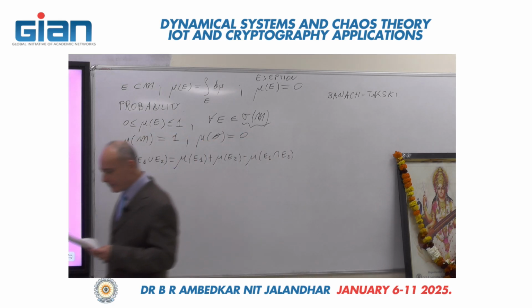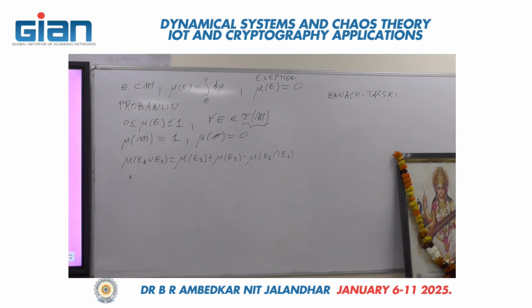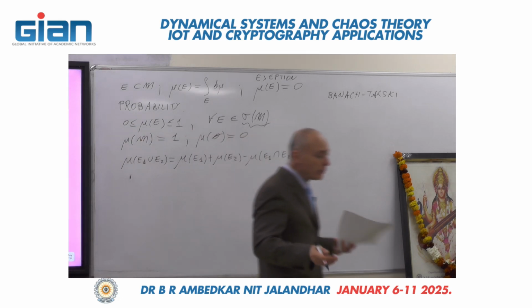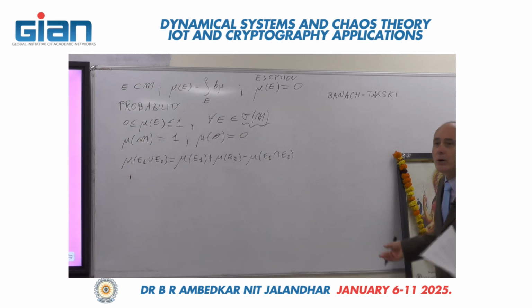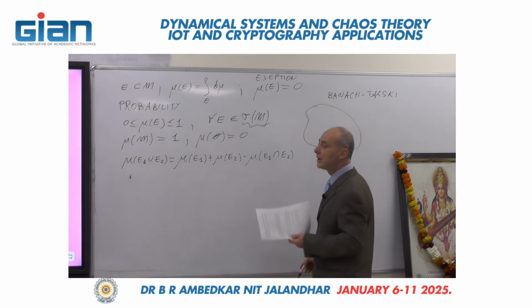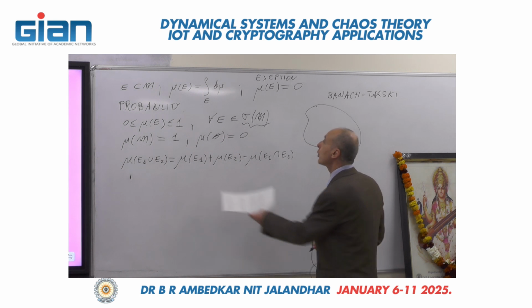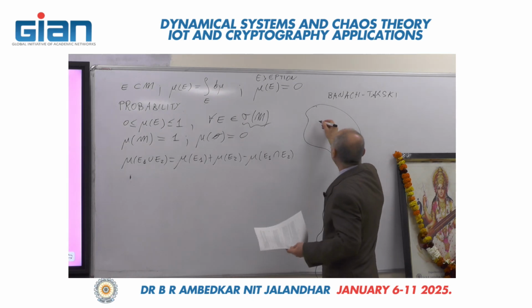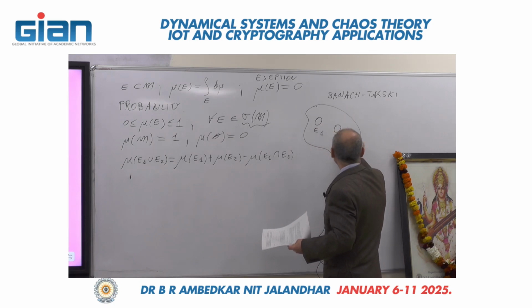This can be a very general notion, but you can think of it as volumes, or areas of sets. Say this is my M, I give it probability 1. Then what is the area of E1 union E2?